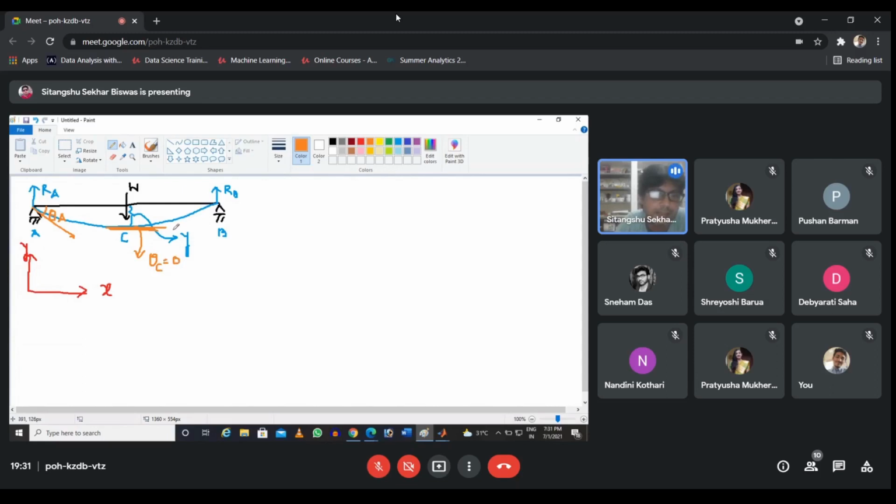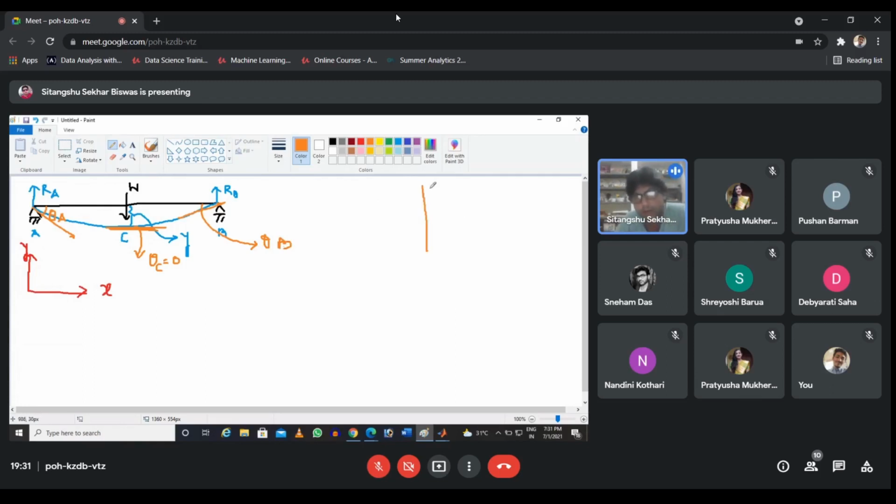Because it is a symmetric structure, theta B and theta A are both equal.